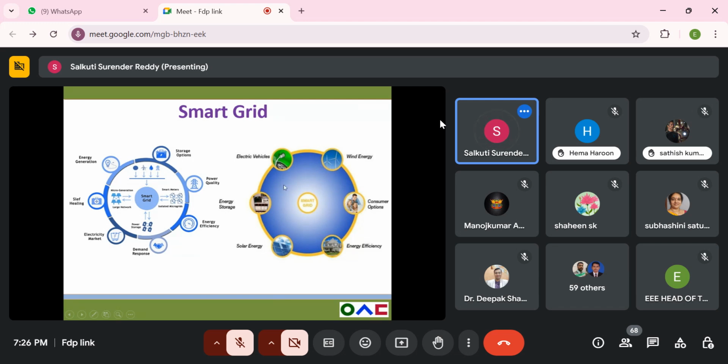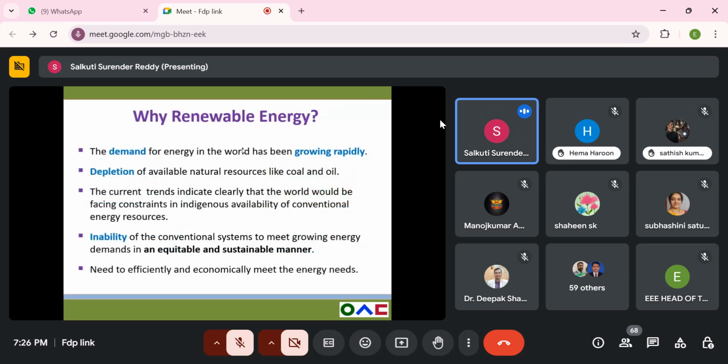All these components are possible in a smart grid. In a smart grid, the major component is renewable energy. So the theme of our faculty development program is renewable energy sources.